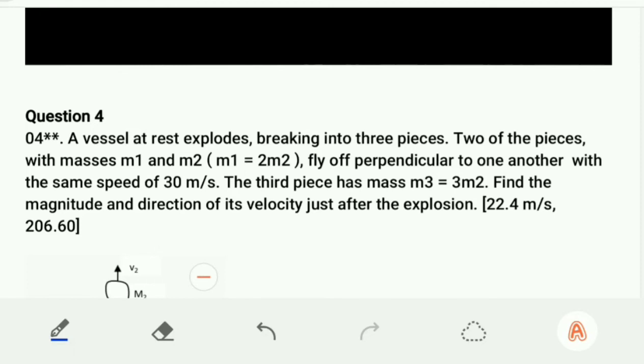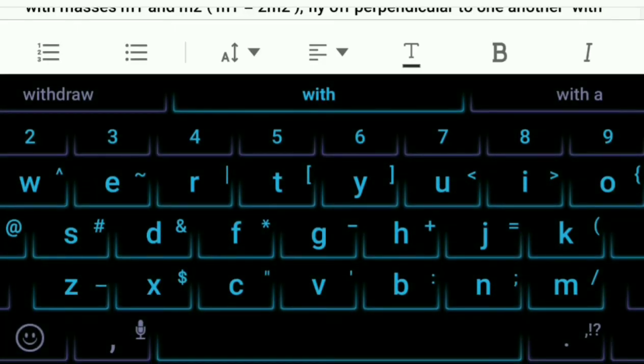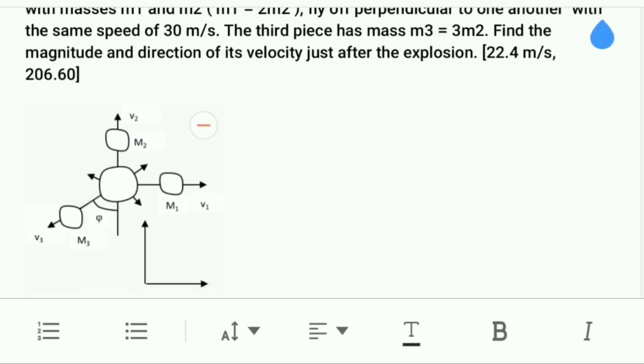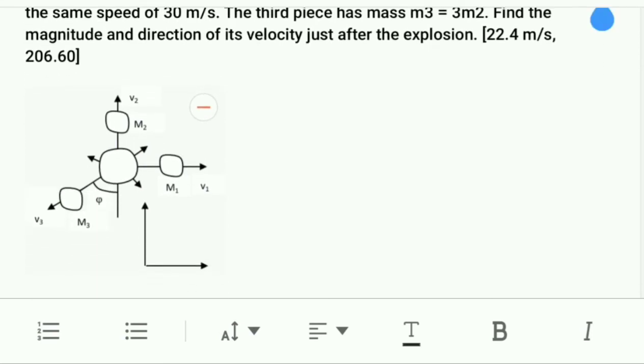So the first thing we need to consider here is how it actually looks, or how you can picture it. We have this vessel here at the center. It explodes, and we have m1 going in the x direction and m2 going in the y direction.